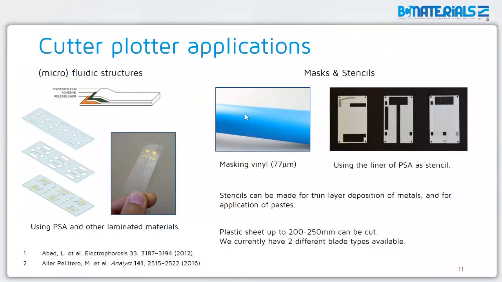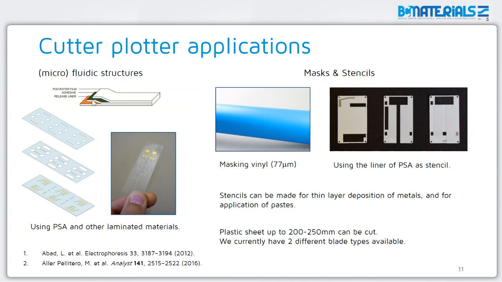You can combine this with a metallization, either evaporation or sputtering, or you can do chemical etching as well, to protect part of the substrate that you don't want to etch. Then once you're done, you just remove the vinyl, and because the adhesive is very mild, it won't damage your material underneath.